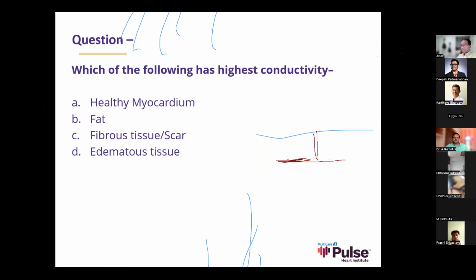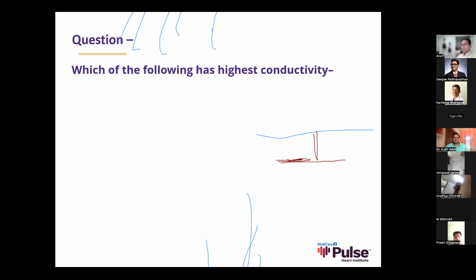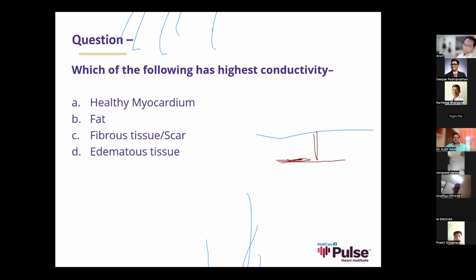Adding a comment here: since there are so many factors involved, power, duration, contact force, whether you are making a good lesion or not, there have been many indices and algorithms developed by different manufacturers. For example, there's an ablation index which takes into consideration the power, duration, and the contact force.